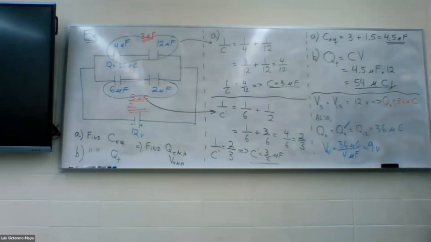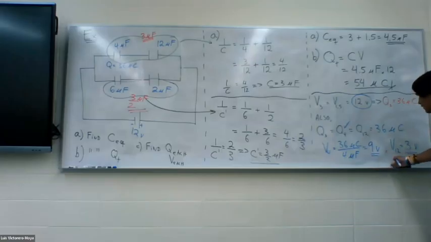Well, think about it. Let's use some physics. The voltage is 12. 4 is already getting 9 volts. So the voltage on 12 is 12 minus 9, 3 volts.